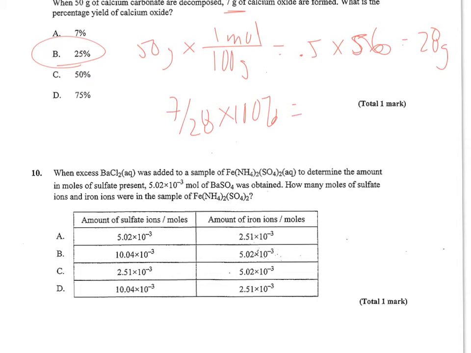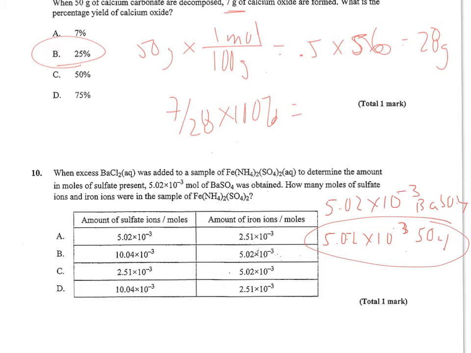What I know is that I have 5.02 times 10 to the minus third moles of BaSO4. So that means I also have that many Ba ions and that many SO4 ions, because this ratio is 1 to 1. One molecule of BaSO4 has 1 barium and 1 sulfate. So the first one is easy.